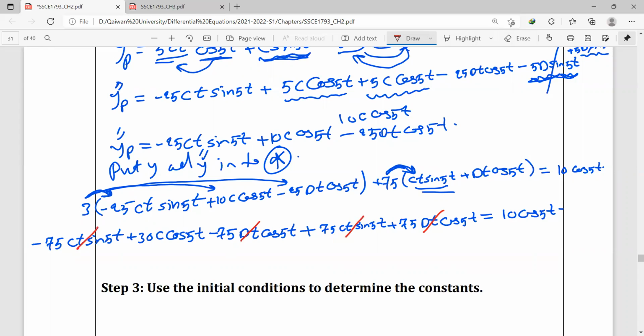This one with this one I cancel out. Yeah, so you get 30c cosine 5t equals 10 cosine 5t. So why do you have to know d?